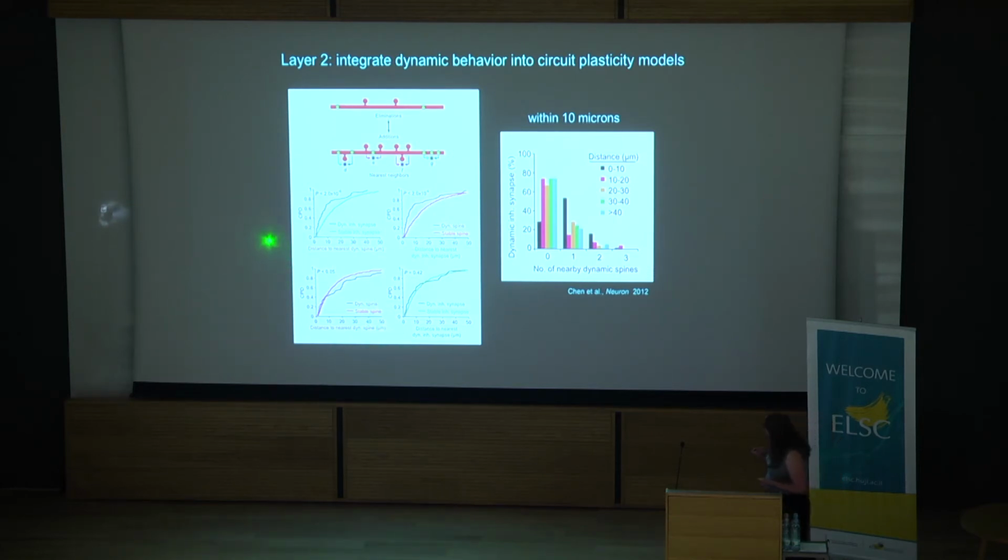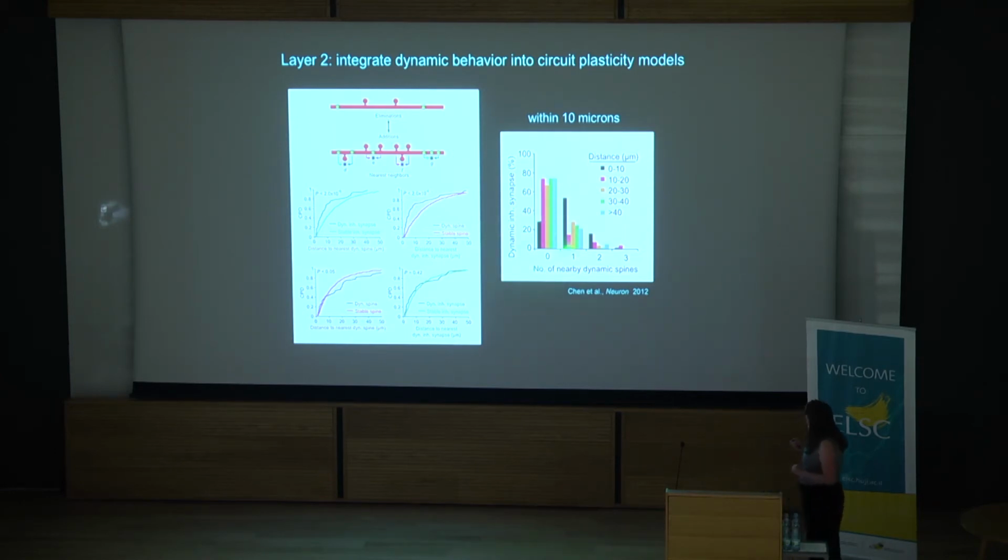Sorry, which one is it? Yeah, so this would be that, and this would be the converse of that. If you have a dynamic spine, the likelihood to have the inhibitory synapse. But this pairing doesn't work for excitatory, and it doesn't work for inhibitory. So it's a specific pairing of an excitatory and an inhibitory remodeling that we see.